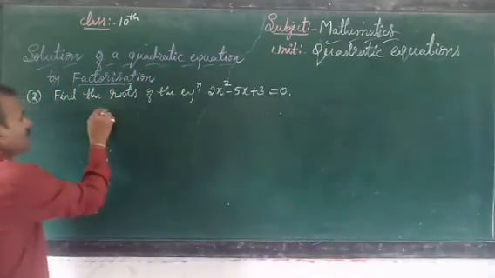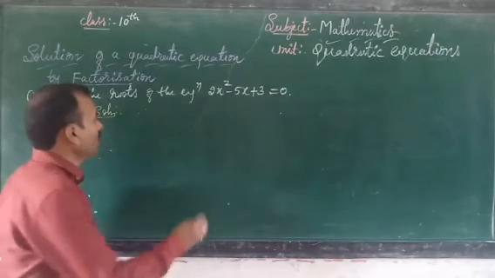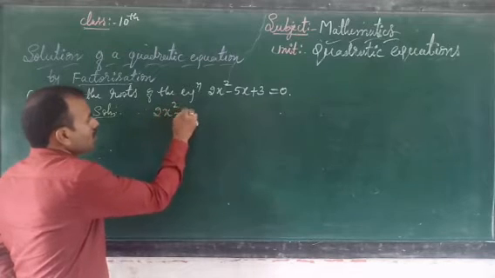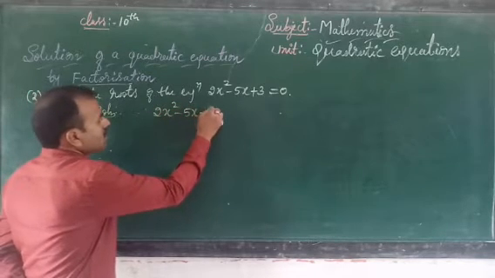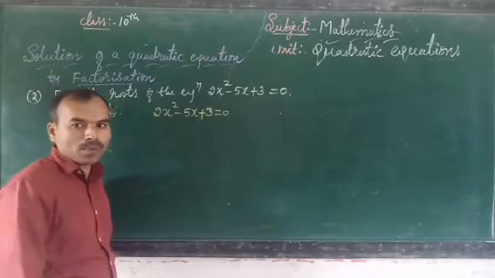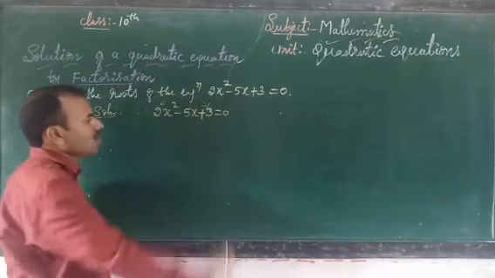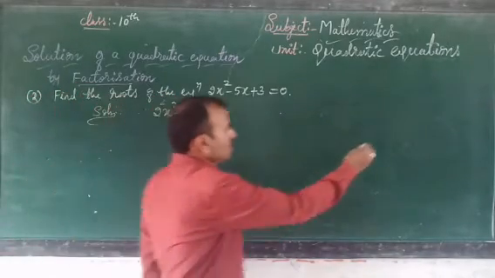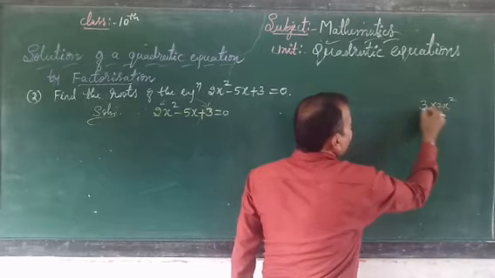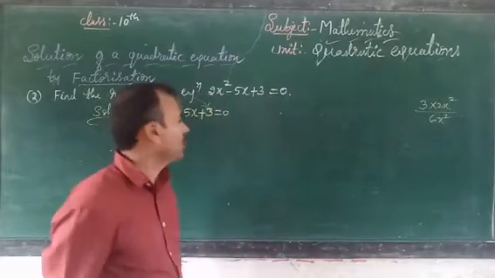Here, take the solution. Now consider the equation 2x square minus 5x plus 3 equals 0. First, multiply first term and last term. This is equal to 3 into 2x square equals 6x square.